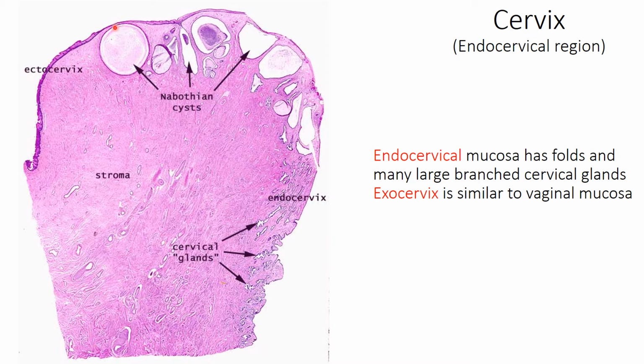And this is the exocervix, lined by a lining similar to the vaginal mucosa, stratified squamous non-keratinized epithelium, and this is the junctional portion from where the lining changes.